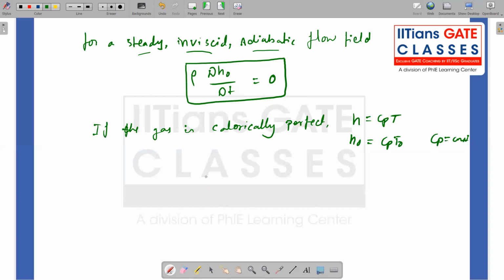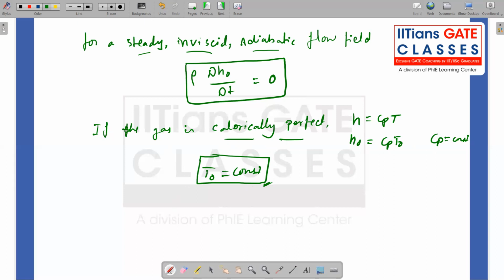So in this case, my T naught is constant in this flow field. For steady adiabatic inviscid flow, T naught is constant given that it is a calorically perfect gas. So this is my stagnation temperature.